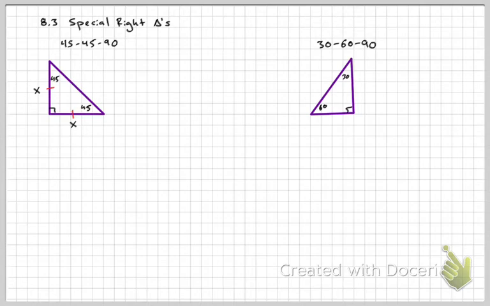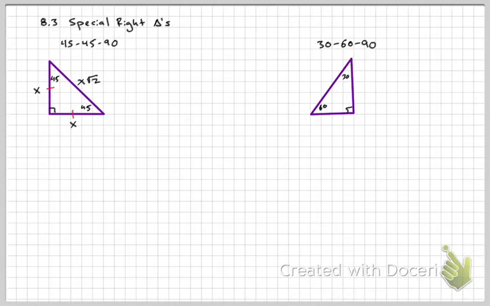Just know that if you have an isosceles right triangle, a 45, 45, 90, the hypotenuse length is whatever the leg length is times radical 2, okay? So this is a constant relationship. If my leg was 5, my hypotenuse would be 5 rad 2.